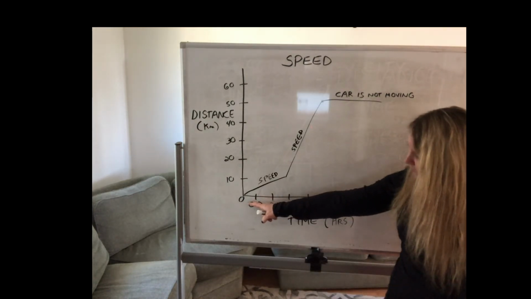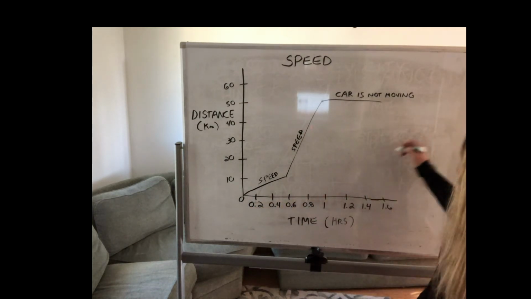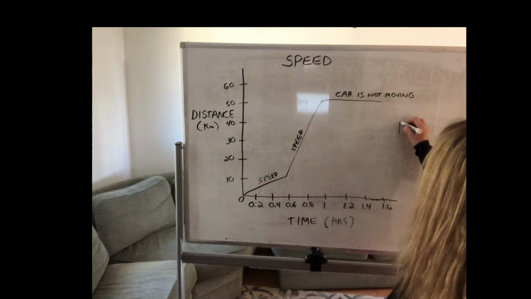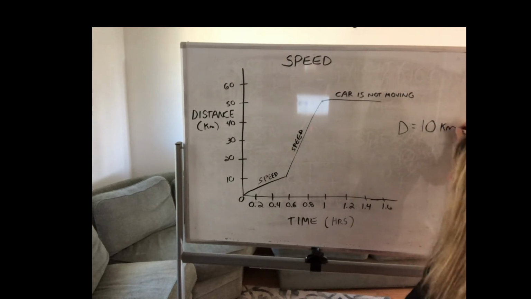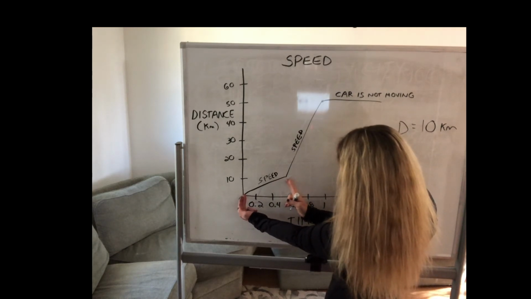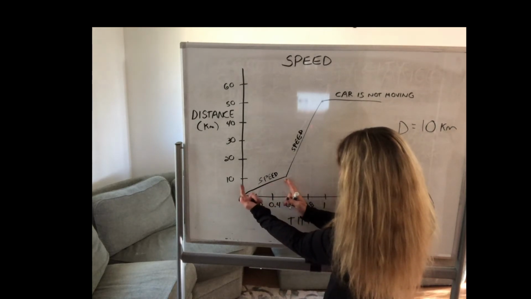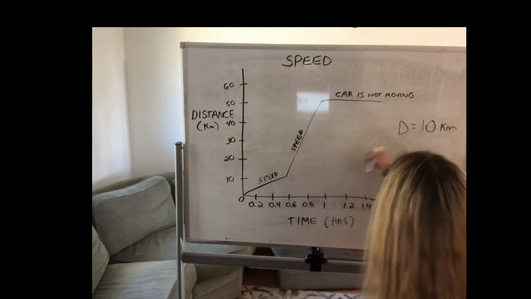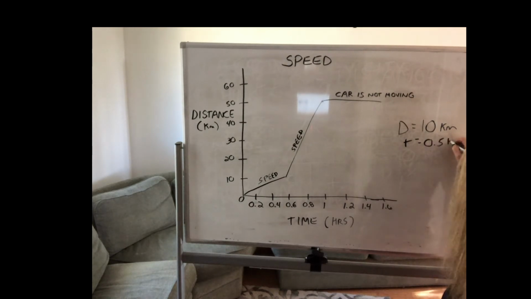If I look at the average speed during this time, the distance it goes from here to here is 10 kilometers, right? Because I want to figure out what is the speed right here of the car. Okay, the distance it traveled during that time is 10, and the time is, we're going to say, about 0.5 hours, half hour.